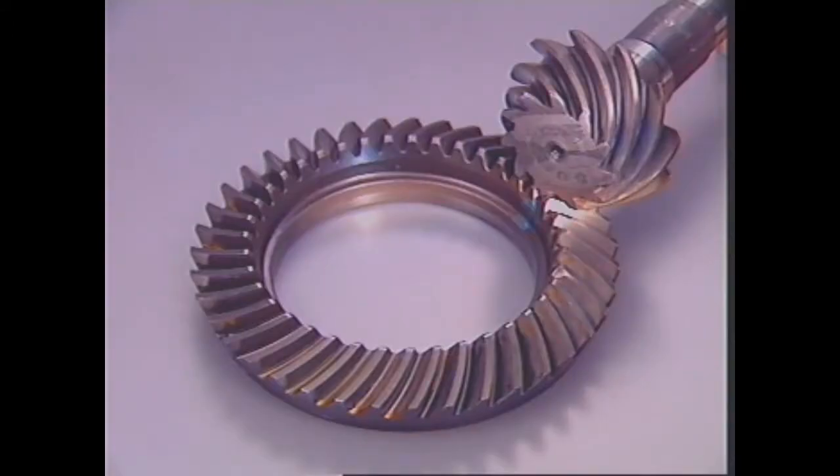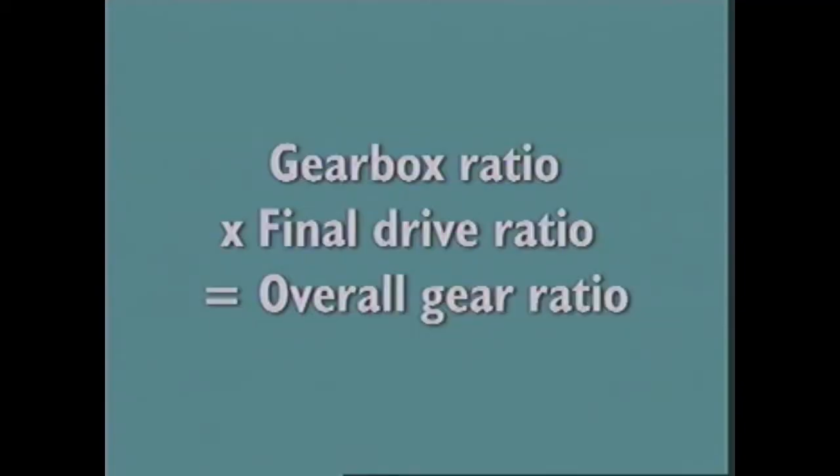A further reduction is always provided by the final drive gears. Their ratio is included when calculating overall gear reduction. The overall gear ratio is the gearbox ratio multiplied by the final drive ratio.